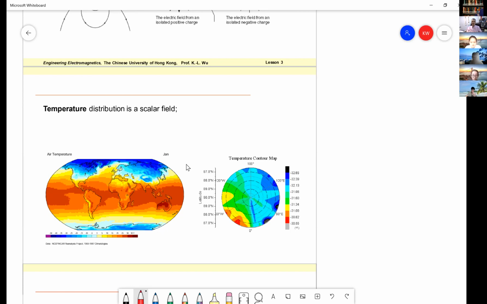Have you ever thought about it? Sure, my office temperature changes if I turn the air conditioner on or off. Yes, I can say the air conditioner is the source that affects the temperature in my office.